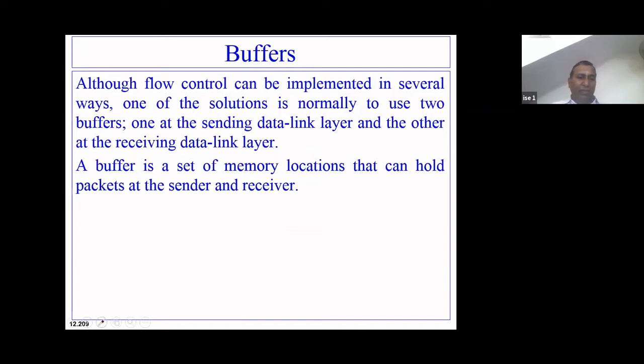Suppose I have a sender here. So this is my sender, and this is my receiver. As I said, this receiver can be either an end host or a router.